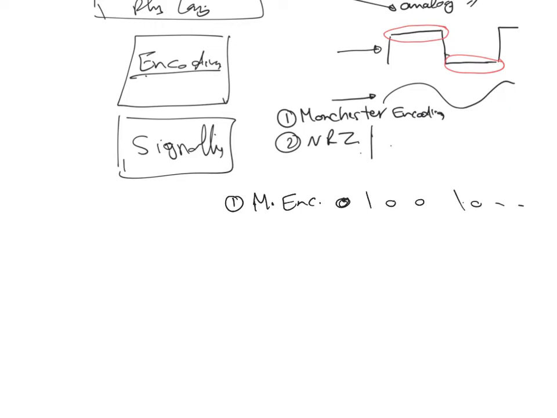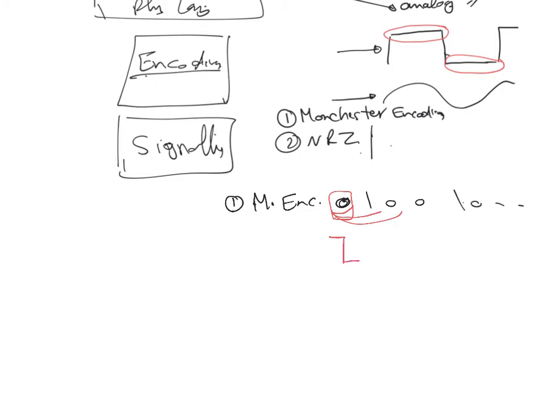So encoding, by the way, can work on 1 bit at a time, or on 2 bits at a time, or 3 bits at a time to convert it into a code. In our course here, we talk only about encoding schemes that convert each bit to 1 or 2 voltage levels. So Manchester encoding takes each single bit and converts it into 2 voltage levels.